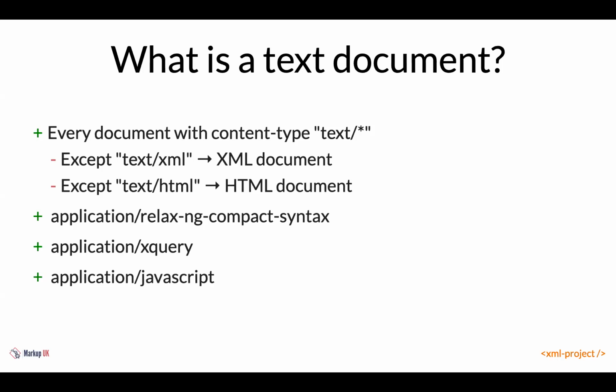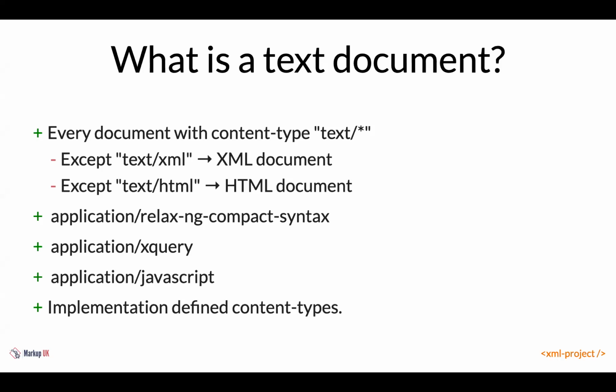And additionally, there are implementation-defined content types. So if, apart from this list, someone comes up and says, look, we have this content type and I think we should treat it as text, but it does not start with text, it's fairly easy to extend this on an implementation level.